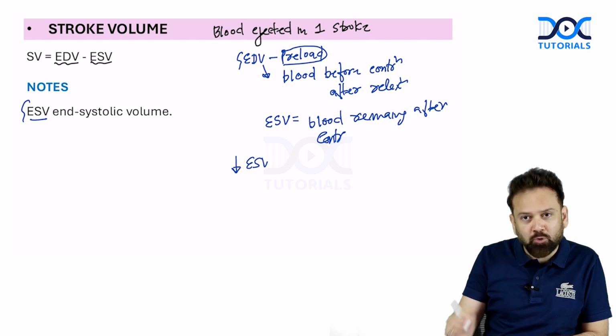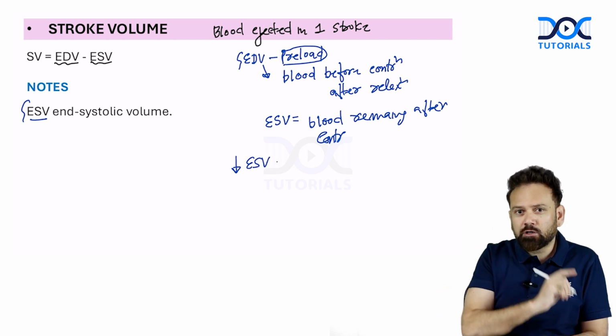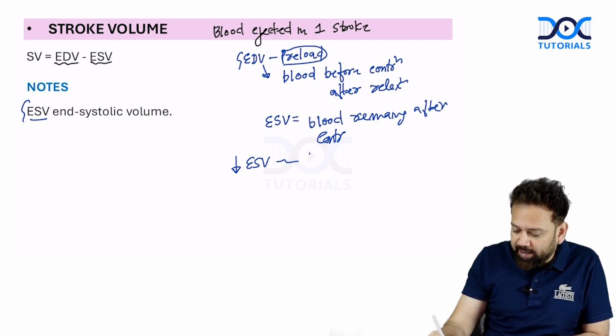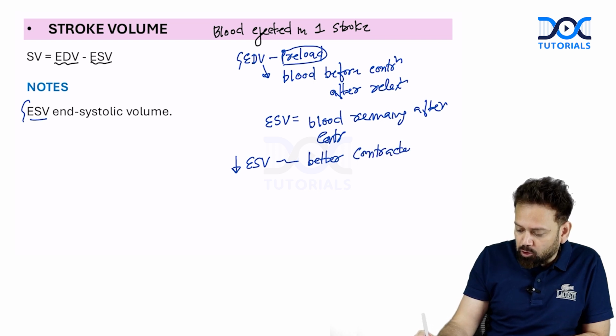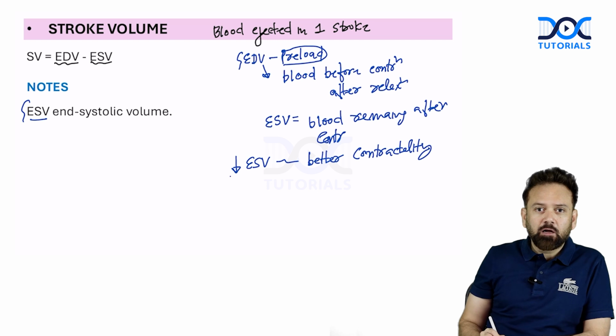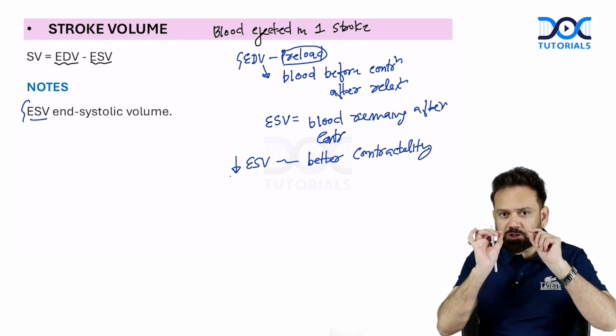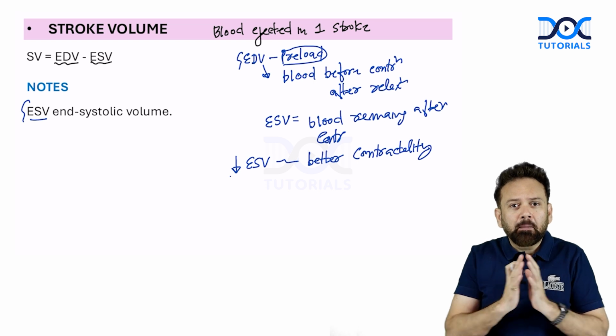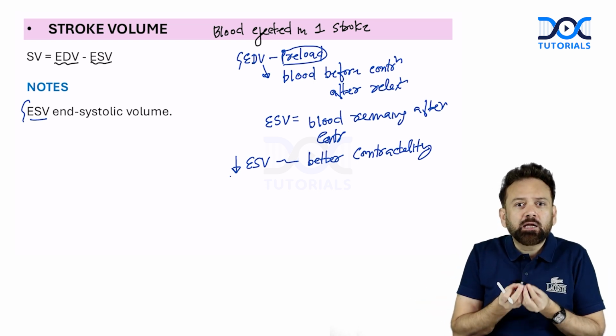Now, this concept is very important. This will help you a lot in so many understandings. Lesser is end systolic volume, better will be contractility. This whole topic is actually concept based and a lot of questions can be solved. So try to understand. End systolic volume is the amount of blood after the contraction is over. Better is the contraction, lesser amount of blood will be left.